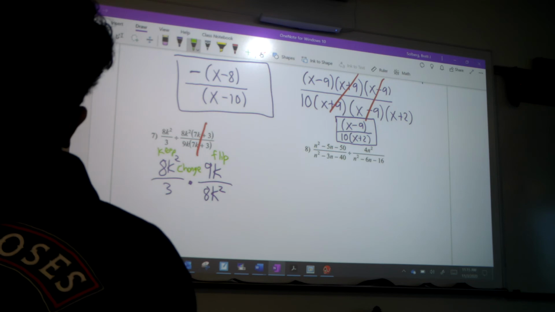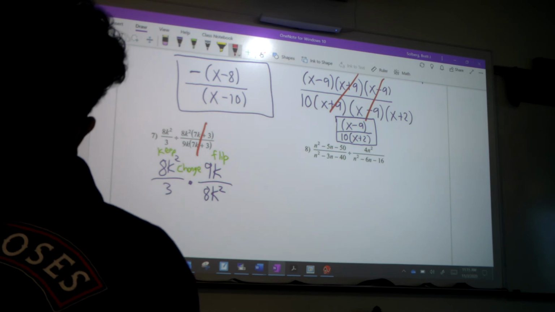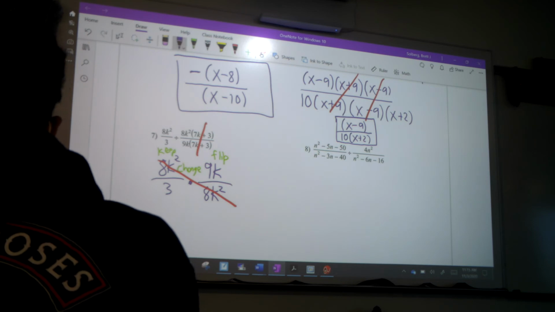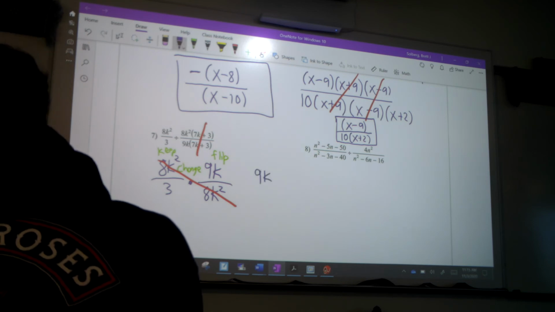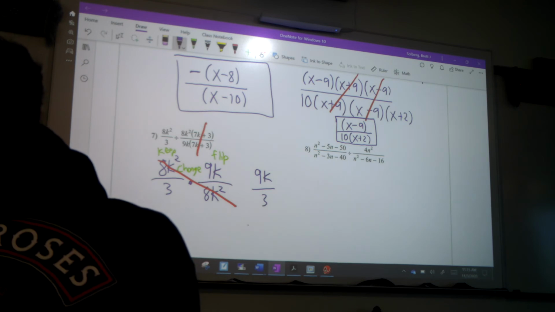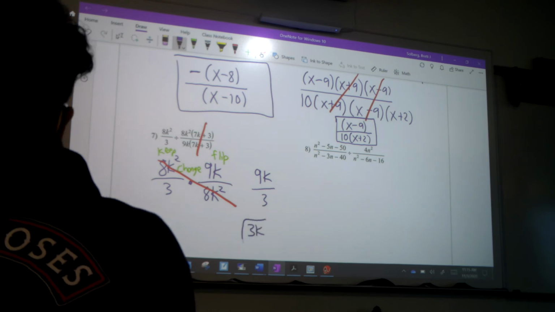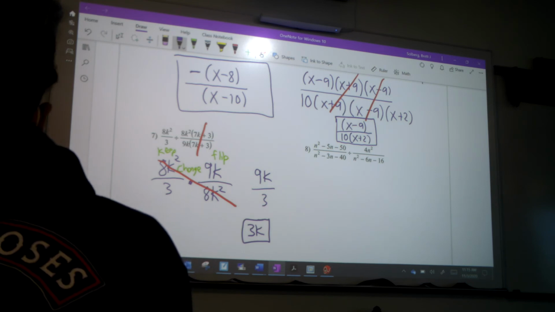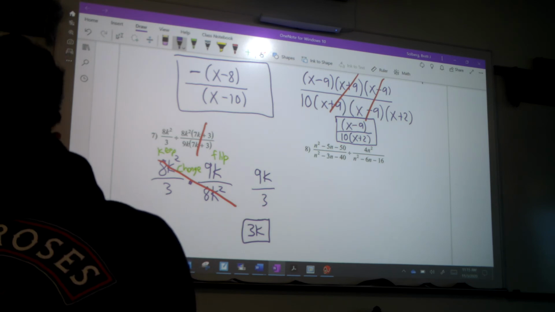Keep going. You can divide both, so it's 9k over 3. Good. And you can simplify it, so 3 goes into both of those. 9 divided by 3 is 3, so it's just 3k. Awesome job.